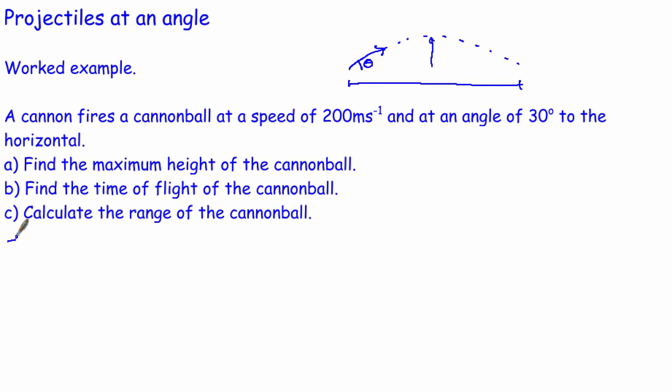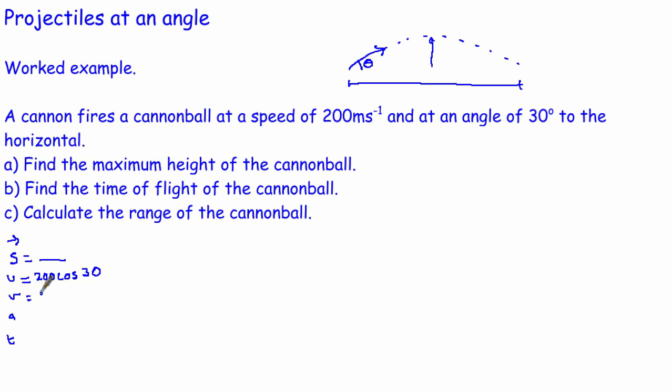I'm going to do exactly the same thing that I did last time. I'm going to start off thinking about what's going on horizontally and write our Suvat quantities down. Our displacement horizontally is the range, that at some point we want to work out. We don't know that. Our initial velocity, resolving horizontally, is equal to 200 cos 30, which we can work out on our calculator later if we need to.